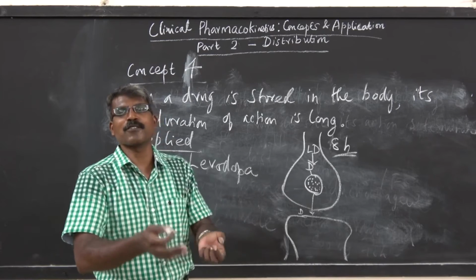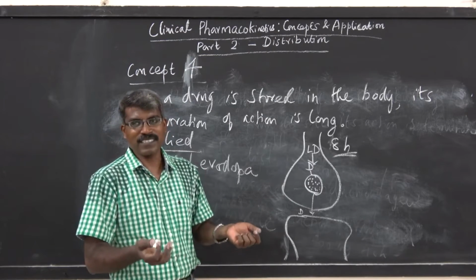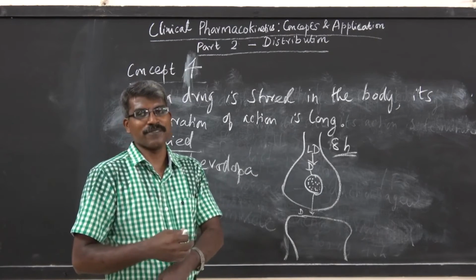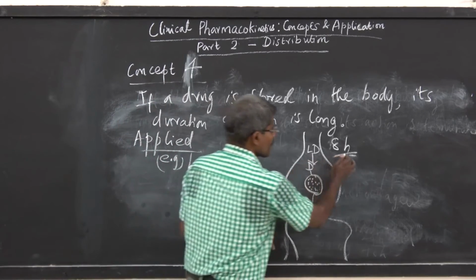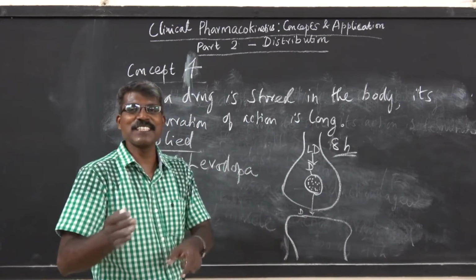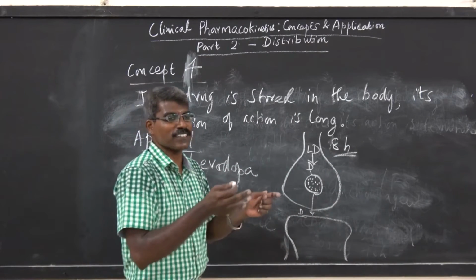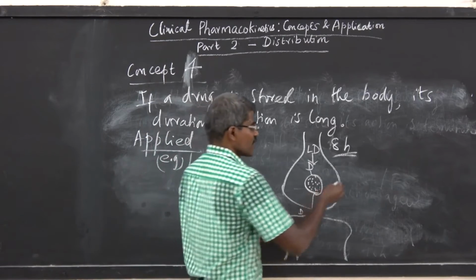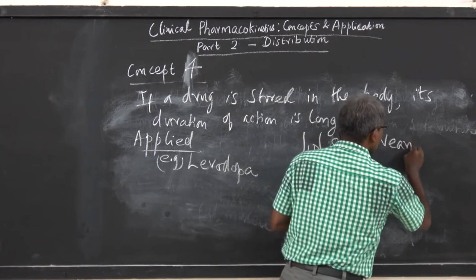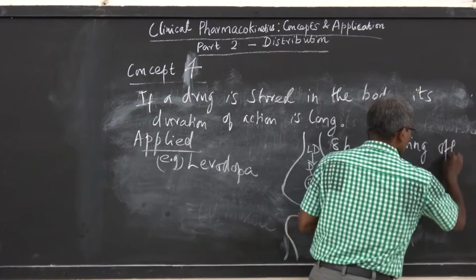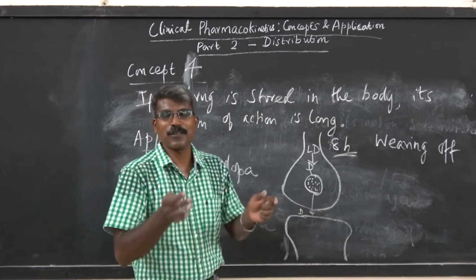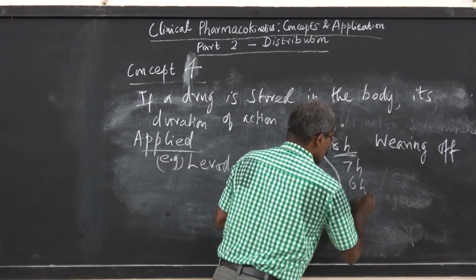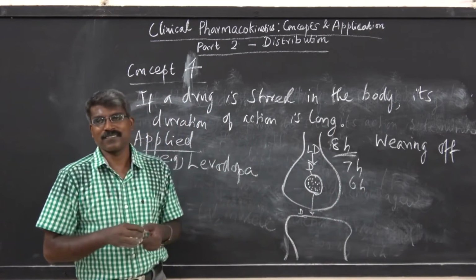So the number of neurons keeps on decreasing, and the amount of drug stored also keeps on reducing. So what worked for 8 hours, as the disease progresses, will slowly start working for 7 hours, 6 hours. This is what we call the wearing off effect. So the drug dose slowly wears off.